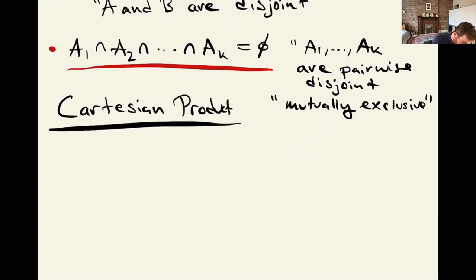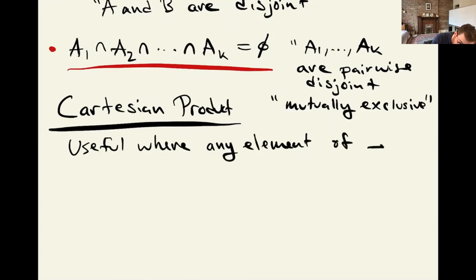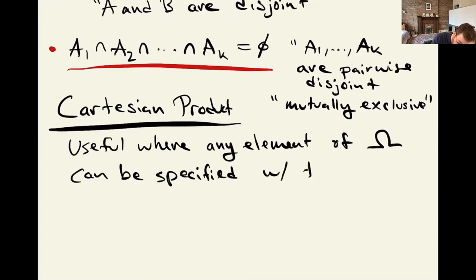So imagine we can think of any element of the set omega. This is useful where any element of some set omega can be specified with two, let's say two features. So here's an example.